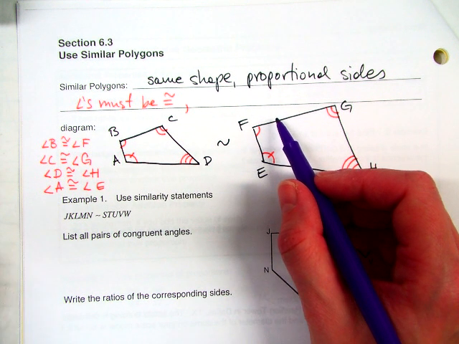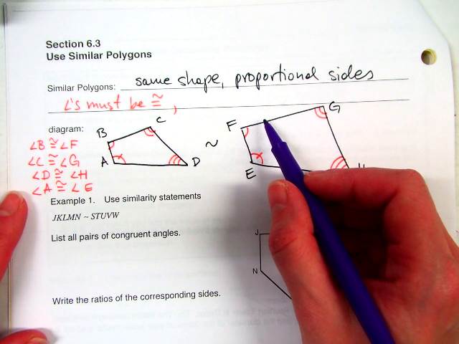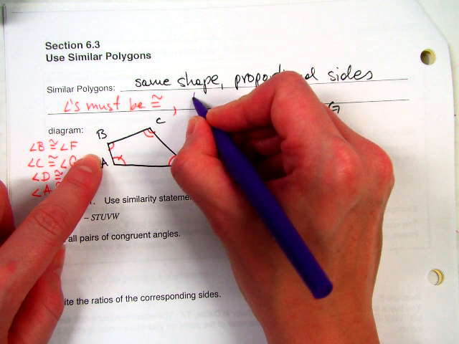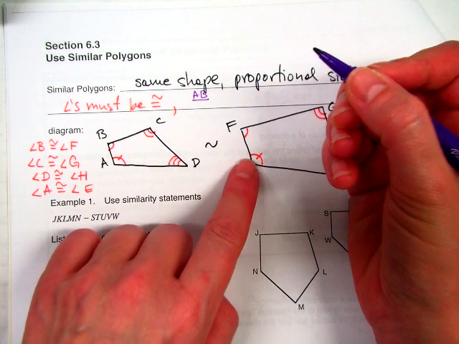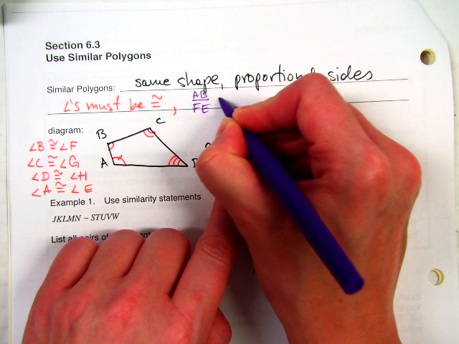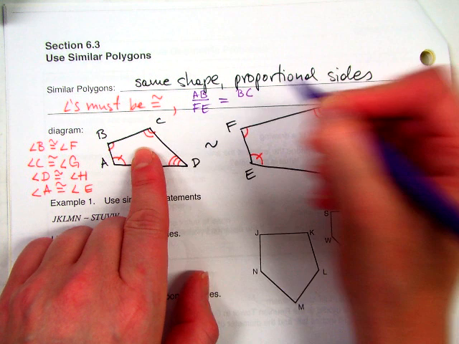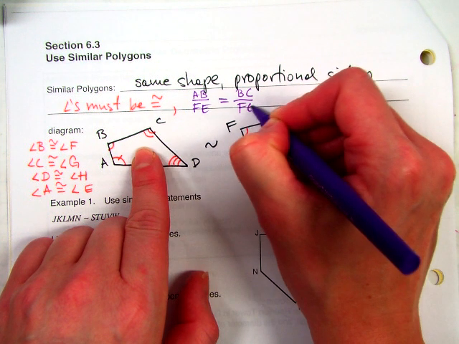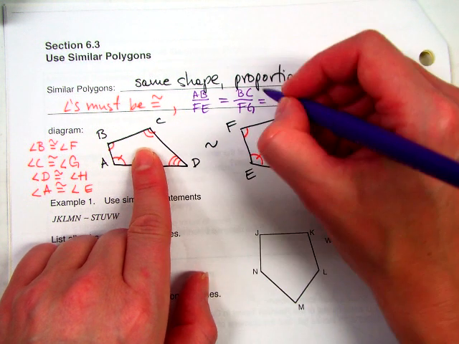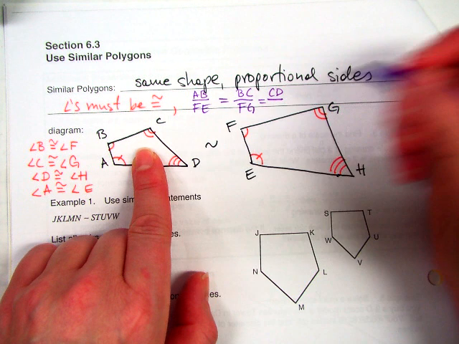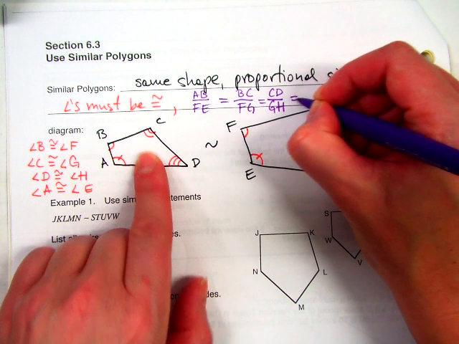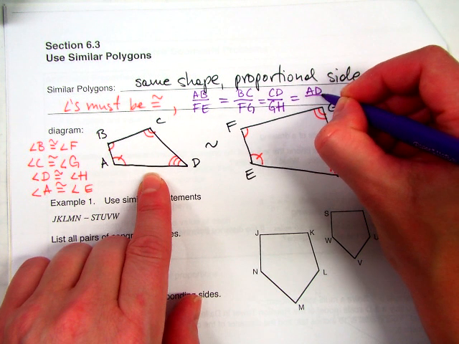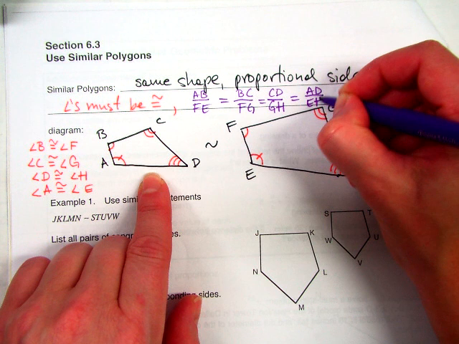So here's the following proportion that must be true. AB divided by FE has to be equal to BC divided by FG, which has to be the same as CD divided by GH, and it has to be the same as AD divided by EH.